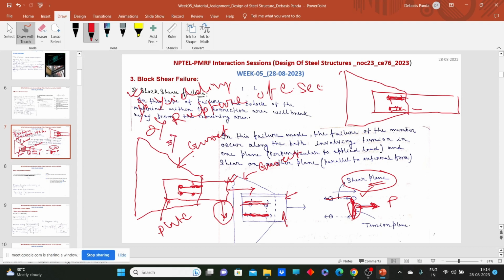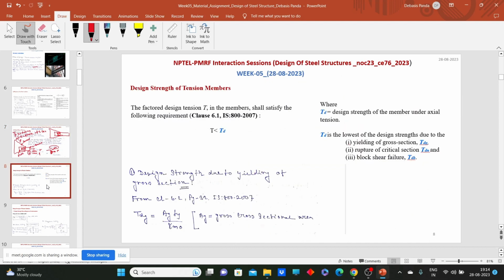Now we will learn step by step how to calculate the design strength due to yielding, due to rupture, and due to block shear failure. So first, the yielding can occur. If we are designing some tension member, here is a gusset plate and one plate is here, and the factored load, or tensile force, let's denote it with T. T is applied.